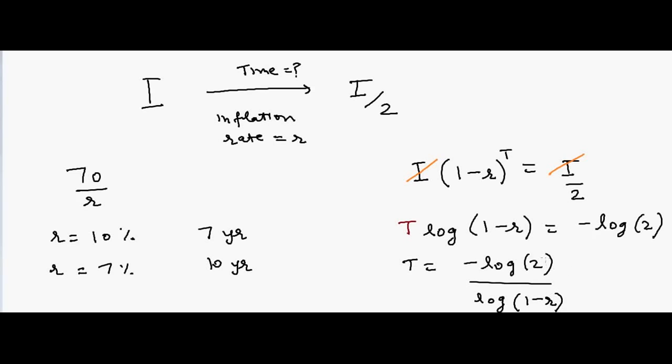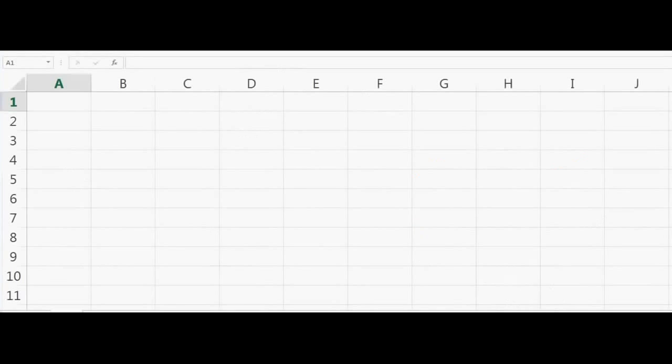So instead of doing this complicated calculation, we can use this trick. But let's do this complicated calculation in Excel and see how this trick was made. So let's go to Excel, and suppose we have the rate, which is not the interest rate, it's the inflation rate. So that is 2, 3, 4, 5, and we have different inflation rates.